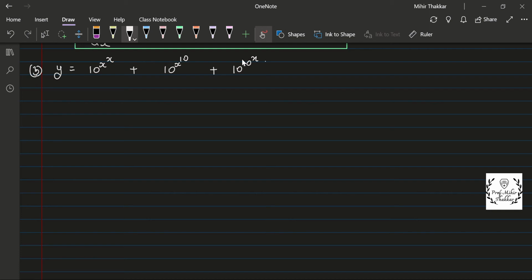We used to take a and b, otherwise p and q, whatever variable you like you can take. So here again we have to break it into 3 parts.